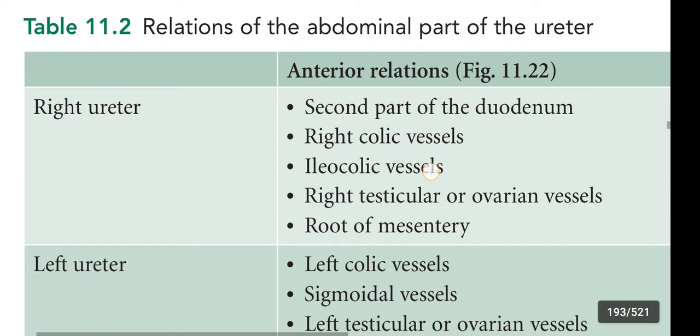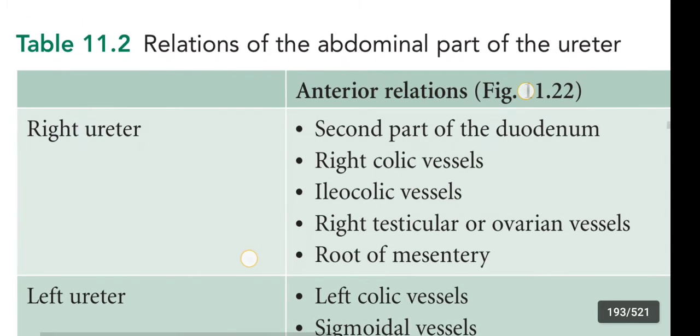First, see the anterior relations of the right ureter. Anterior relations are the second part of the duodenum, right colic vessels, ileocolic vessels, right testicular or ovarian vessels, and root of mesentery.